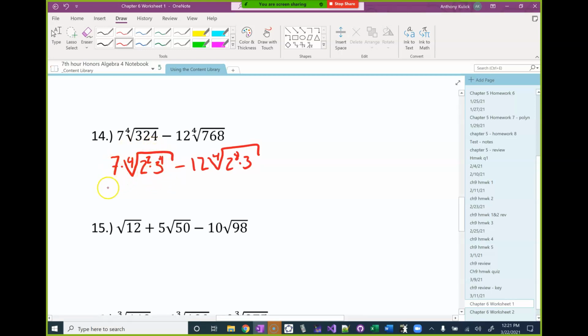And I'm just going to rewrite the 2 squared as a 4. And in the other piece, I have a 2 to the 8th, which is really 2 to the 4ths, right? So I can take 2 out twice. I'm left with a 4th root of 3.